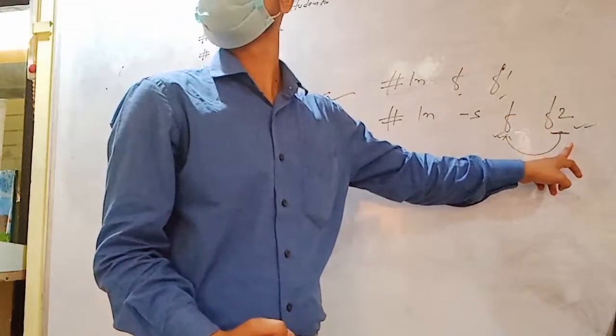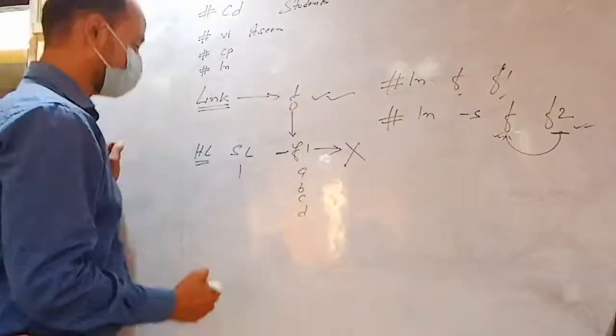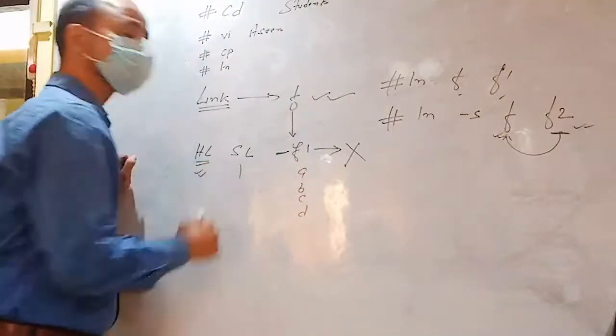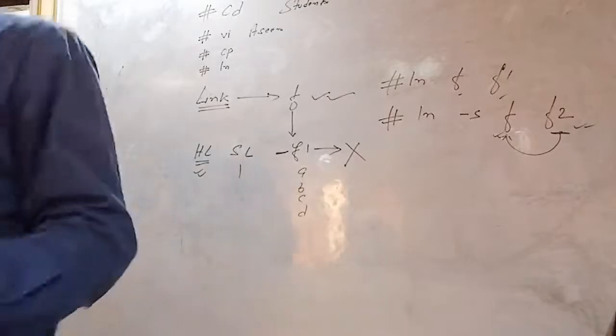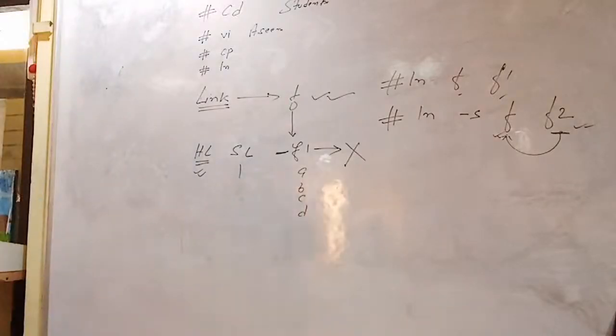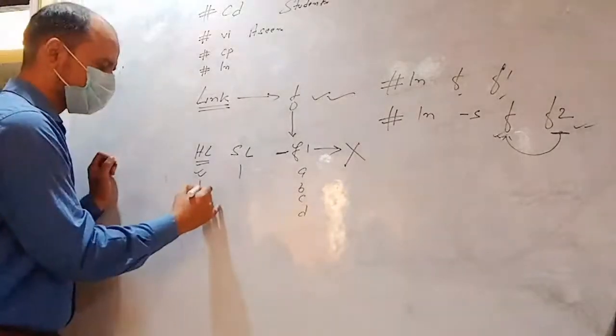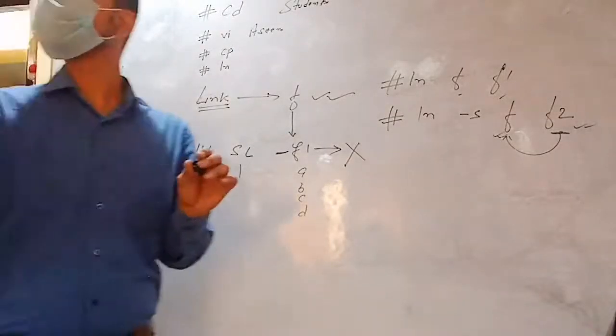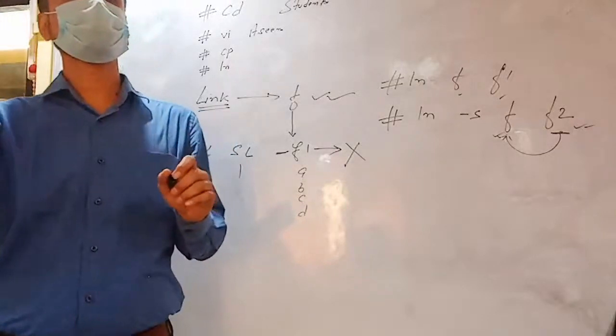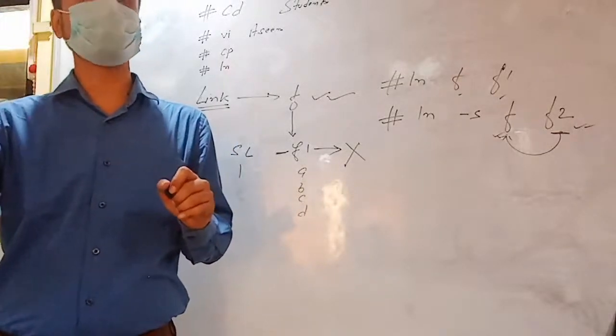One more thing. A hard link can be created only in the same partition, the same file system. But a soft link can be created in another file system as well as the same file system or partition. In case of a hard link, no new inode value is used.